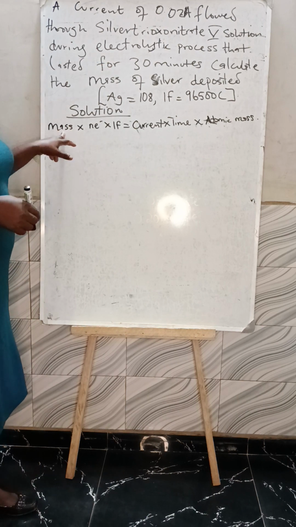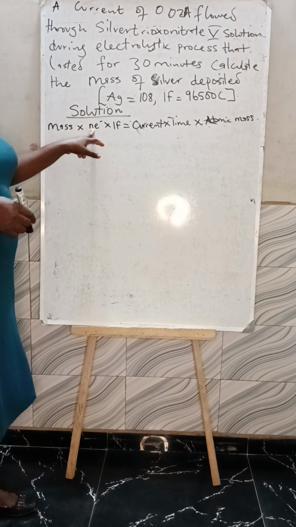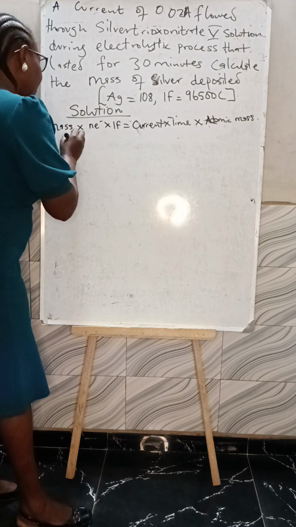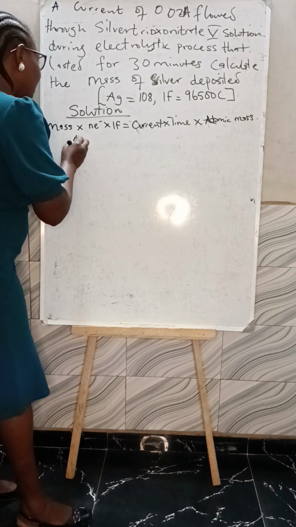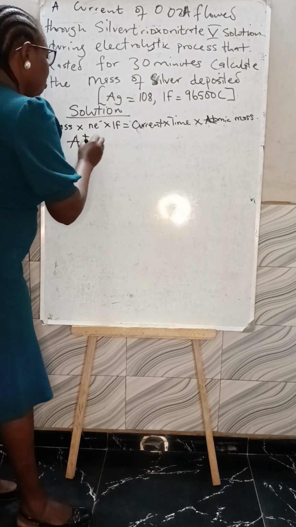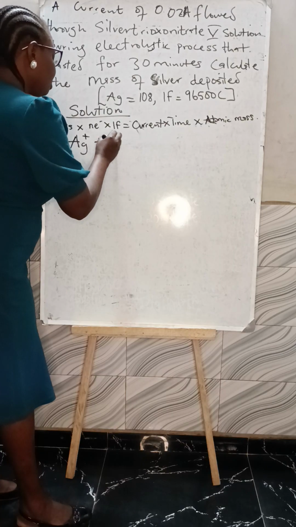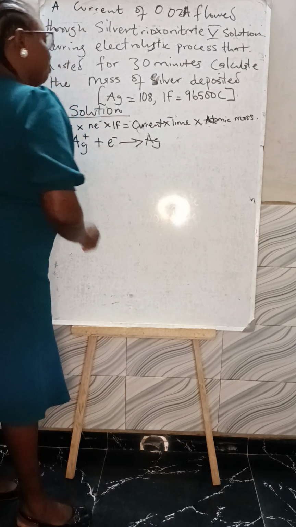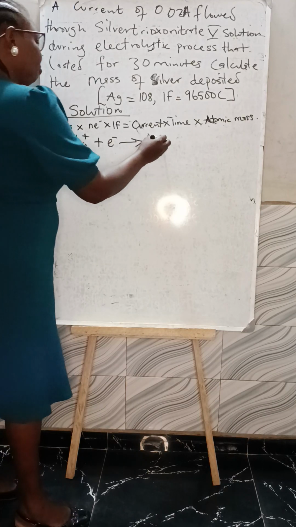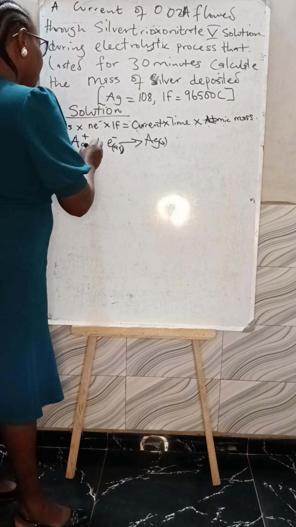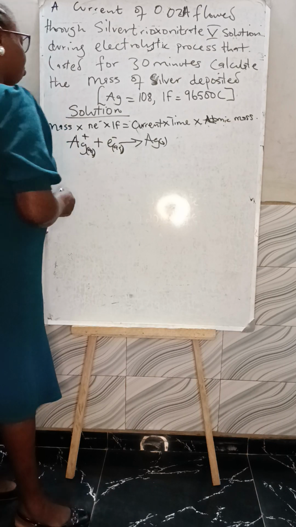So we are going to make this one set of formula. Then how do we get the number of electrons? For silver, you know, is monovalent. This is silver ion, Ag plus, aqueous, to liberate silver solid here. This is aqueous.